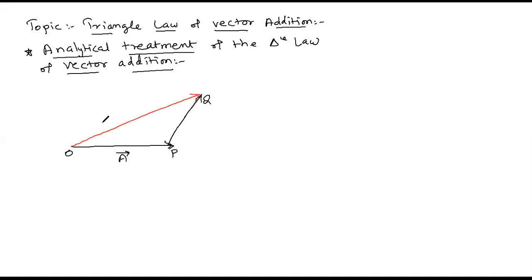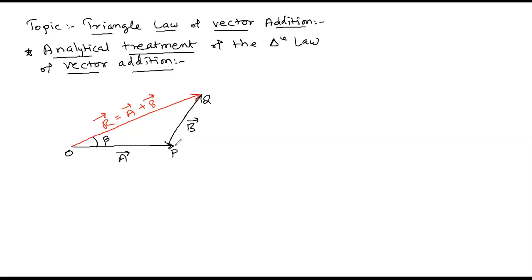This closing side is nothing but your resultant vector, that is vector A plus vector B. Now see, this resultant vector makes an angle beta with the vector A.